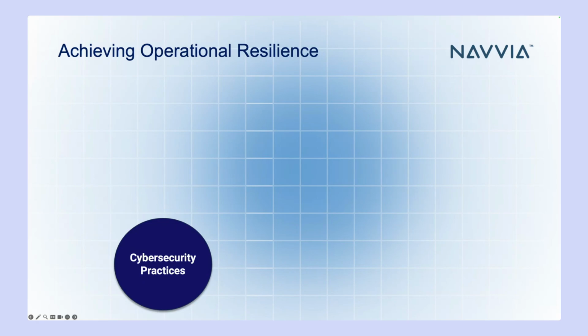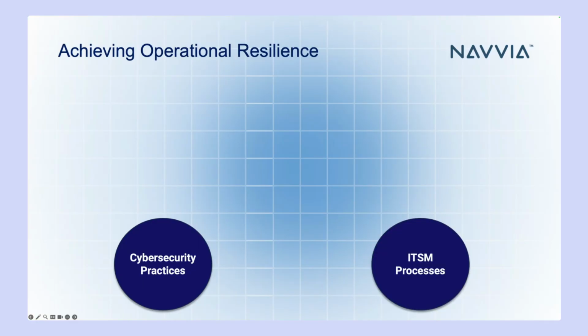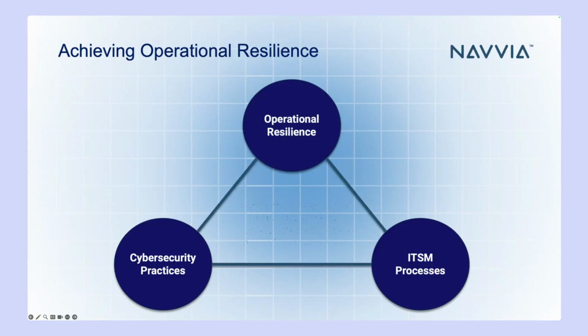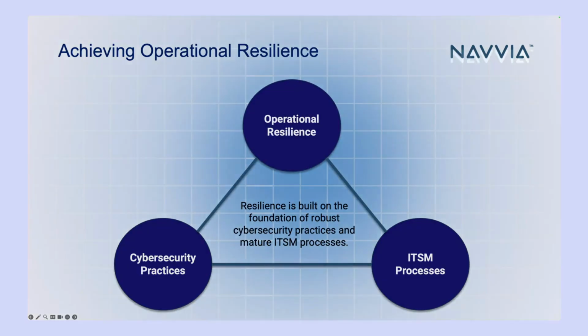Oh, we've got firewalls, we have two-factor authentication, and it's all tools-based. But it's the practices that are important, and the practices are informed through the NIST CSF. So you have to have the right practices in place. And then you have to have the right IT service management processes in place to integrate with those practices. And through that, you get the operational resilience.